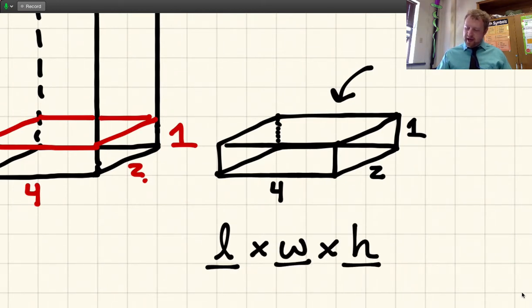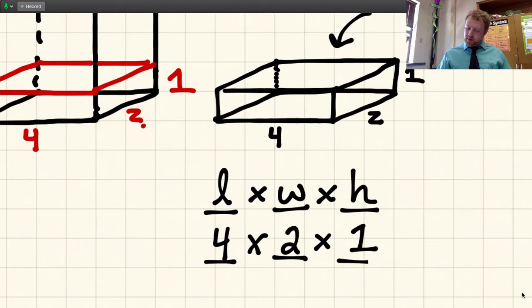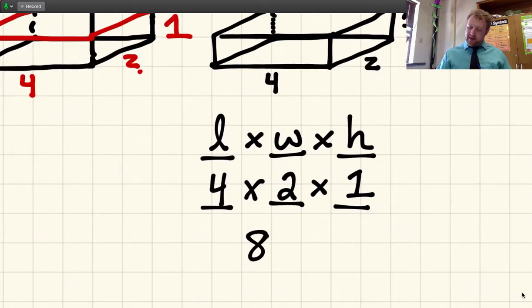So we end up with 4 times 2 times 1, equals 8. 8 units cubed.